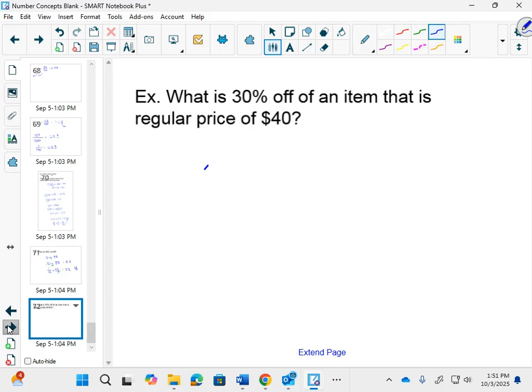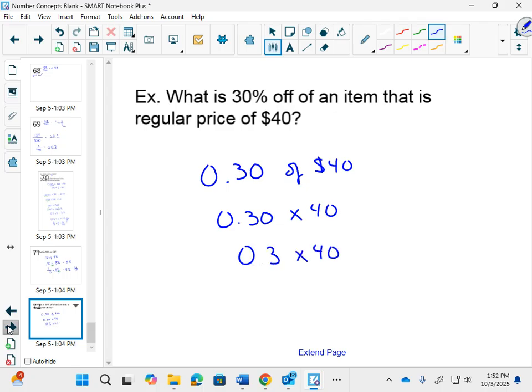If it's 30% off, I need to find out how much money is coming off. So 30% of $40, how much money is coming off? 30% times 40, right? Which is really, I don't need that zero, it's really 0.3 times 40.